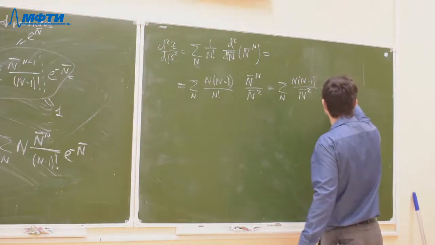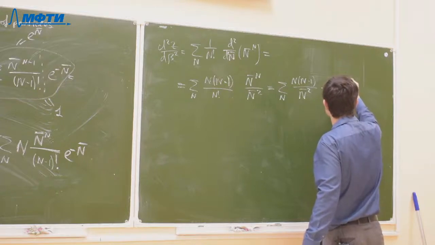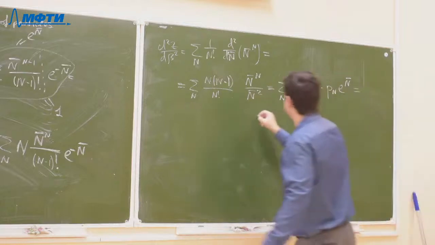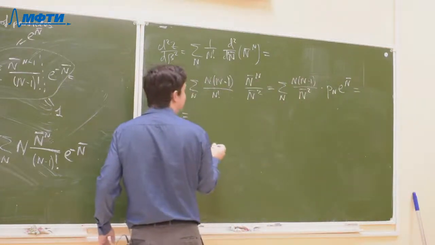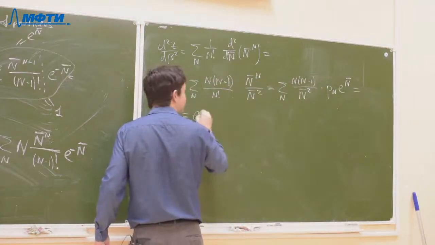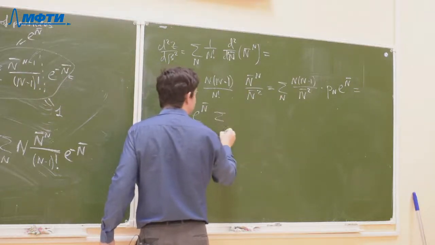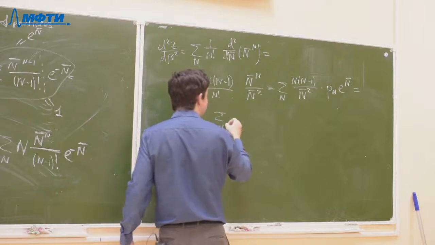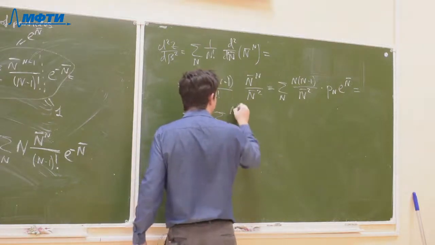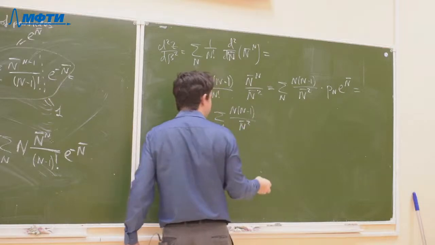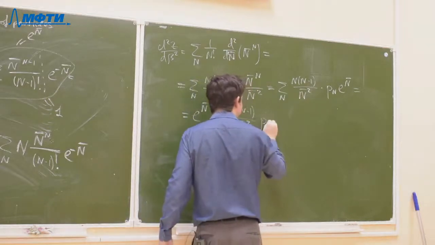That means that this is a probability multiplied by this exponent. So similarly to the previous derivation, I can take the exponent out of the sum, and inside the sum I have n times n minus 1 over n average squared multiplied by Pn.